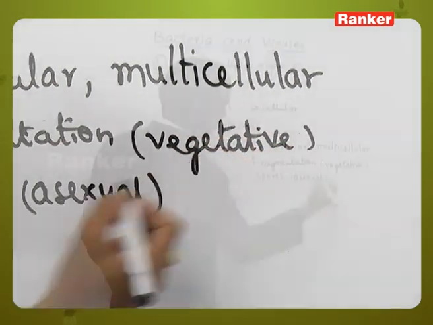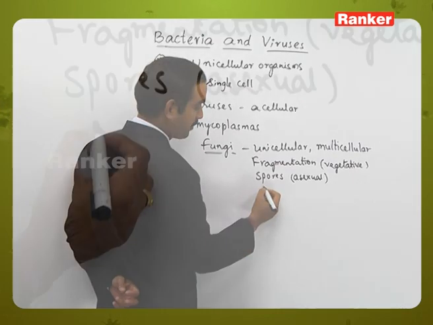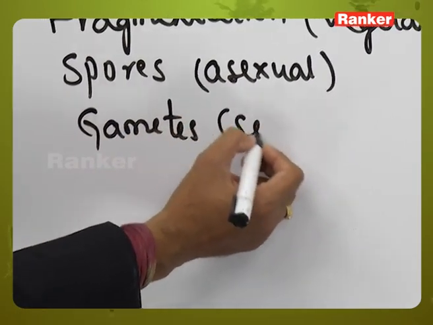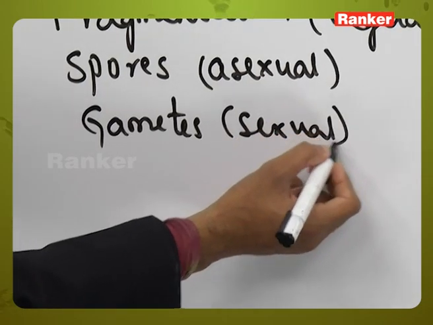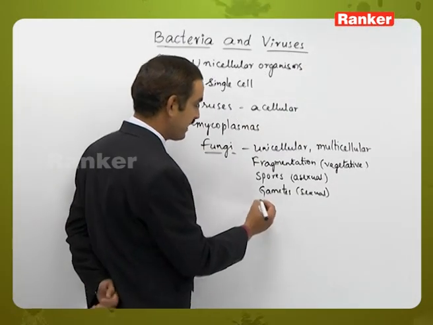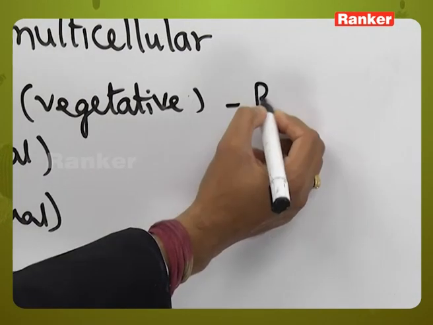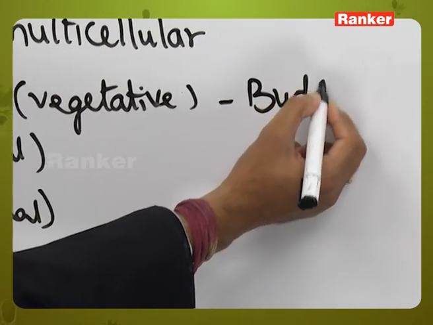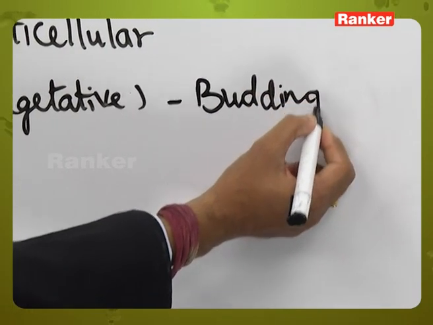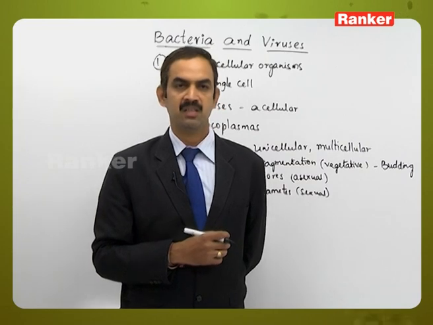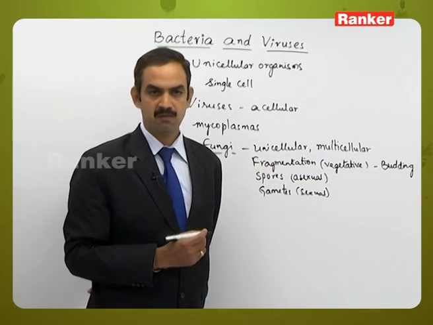At the same time they participate in reproduction by formation of gametes, that is a sexual process. And some fungi like yeast participate in a vegetative process by formation of buds, called the budding process. But nowhere can we say that the fungi group performs binary fission.